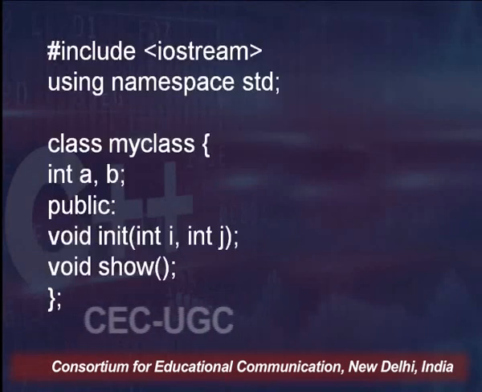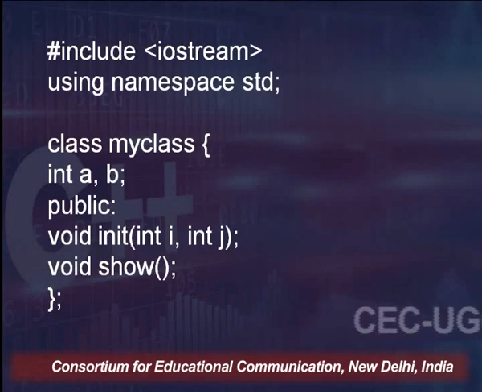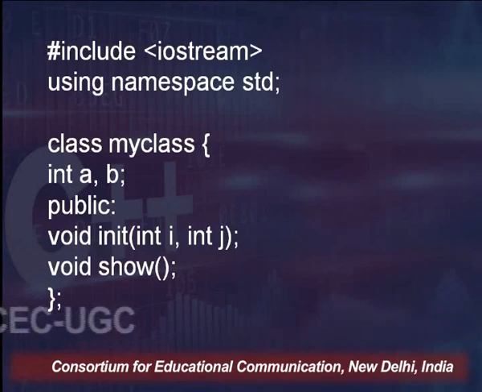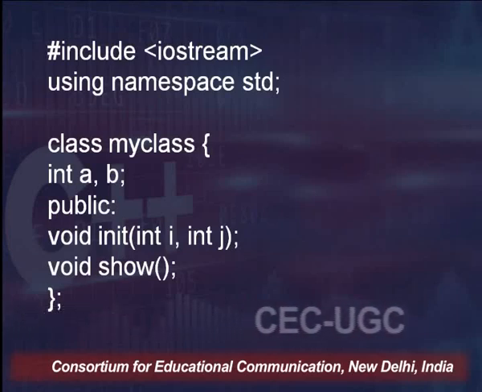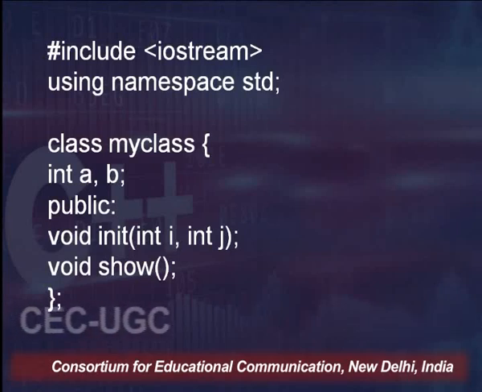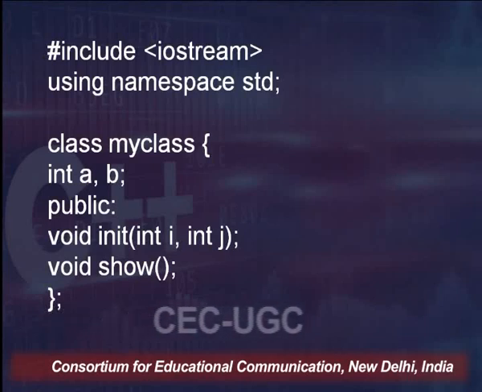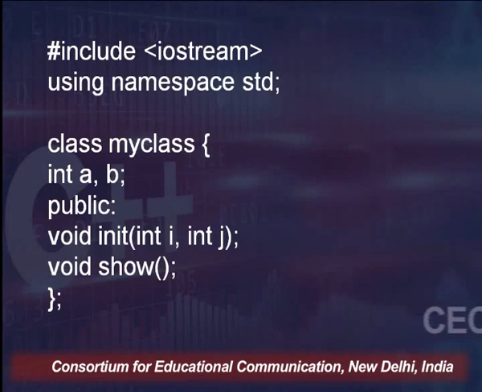So, what are the strategies of defining your member function? There can be two strategies. One is you just write the signature inside the class, and then using the scope resolution operator you give the definition outside. Another idea is you write the definition within the class itself.